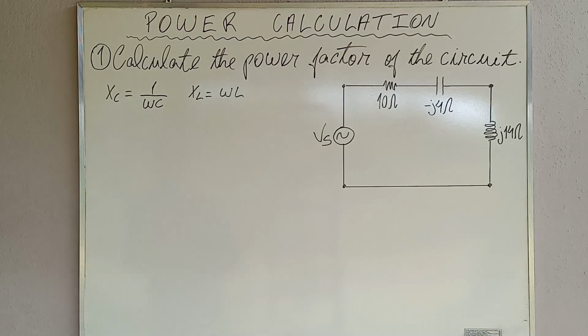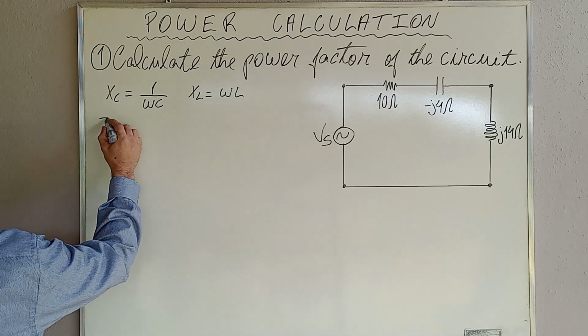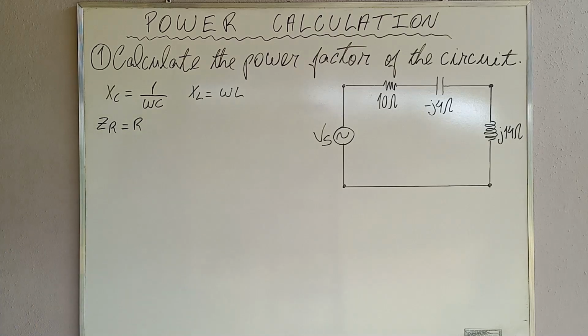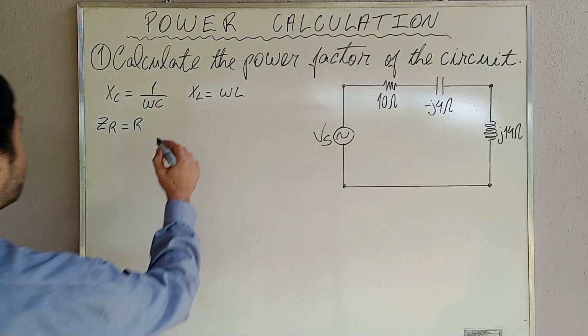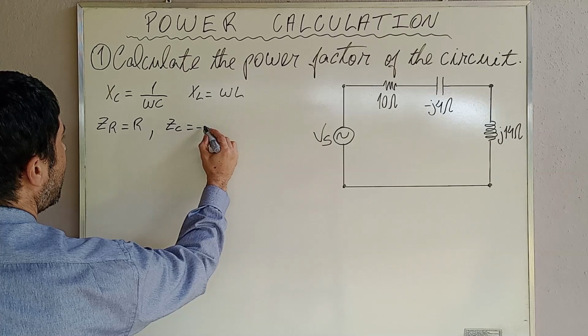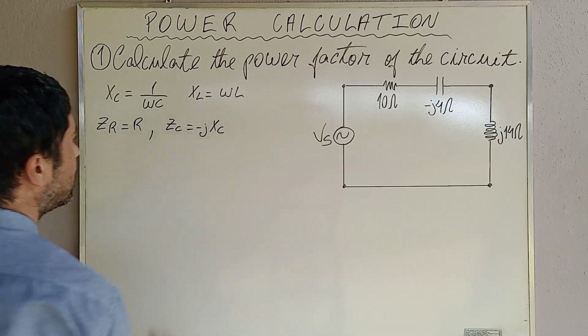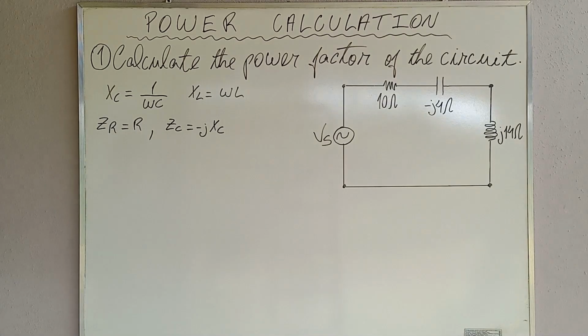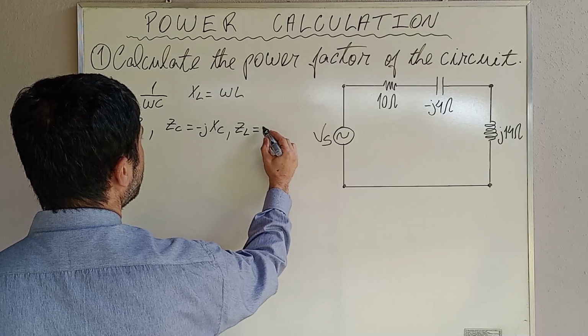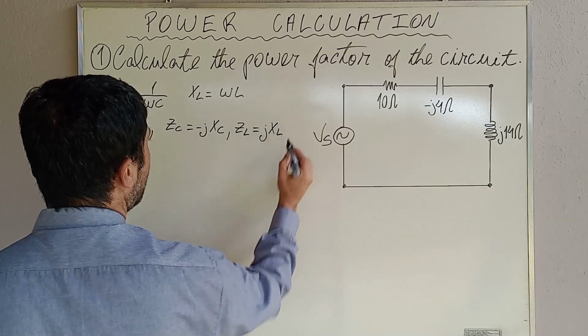The resistive impedance ZR is simply R. The capacitive impedance ZC is negative JXC, and the inductive impedance is ZL equal to JXL.